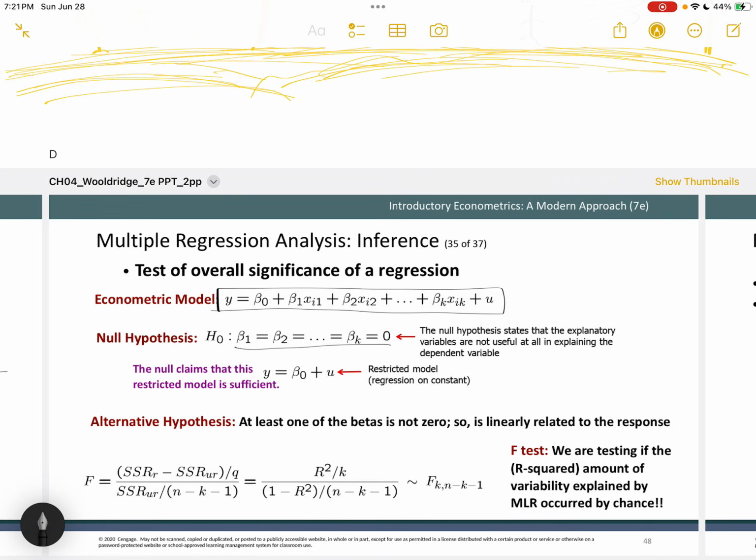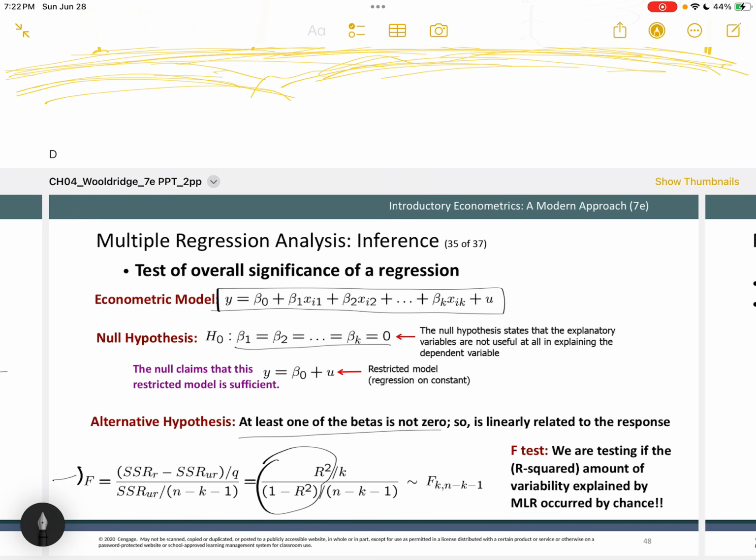So none of the variables are useful in explaining our y. Basically, the null is claiming that if you would just regress y on the constant 1, then that restricted model is sufficient. The alternative says that at least one of the betas is not 0.